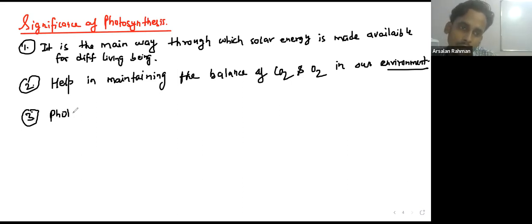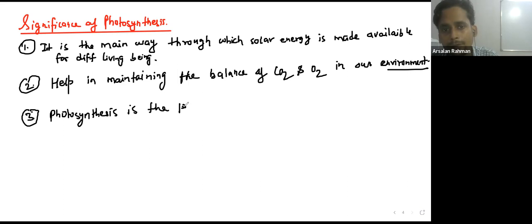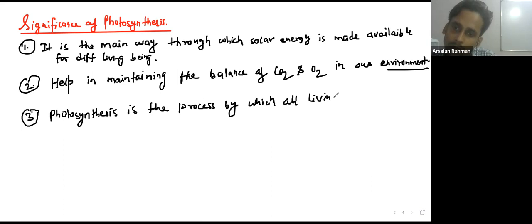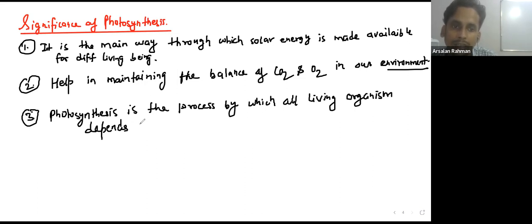So photosynthesis is the process by which all living organisms depend on food, directly or indirectly.